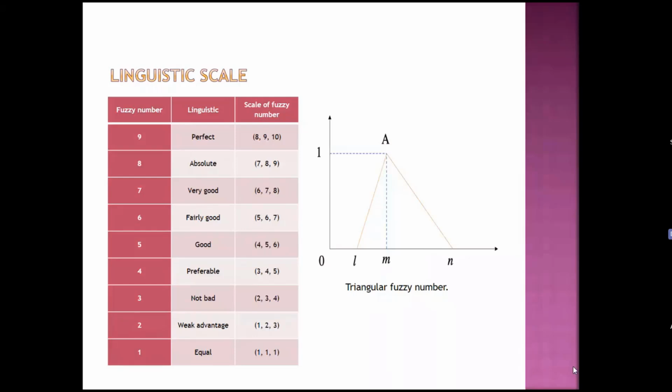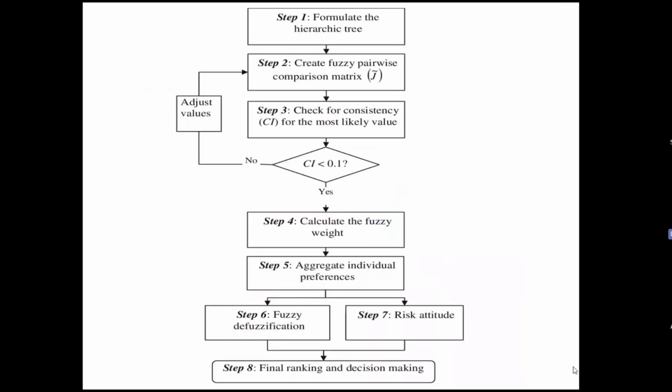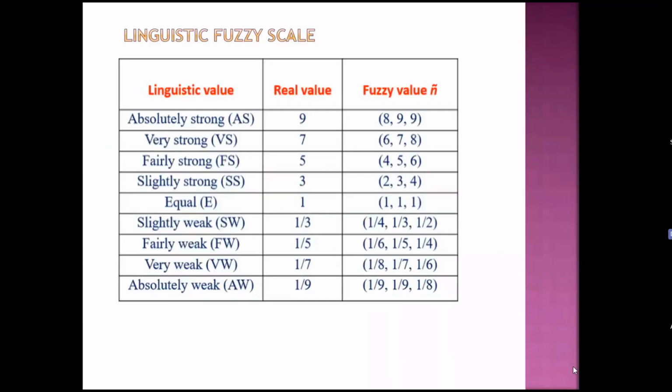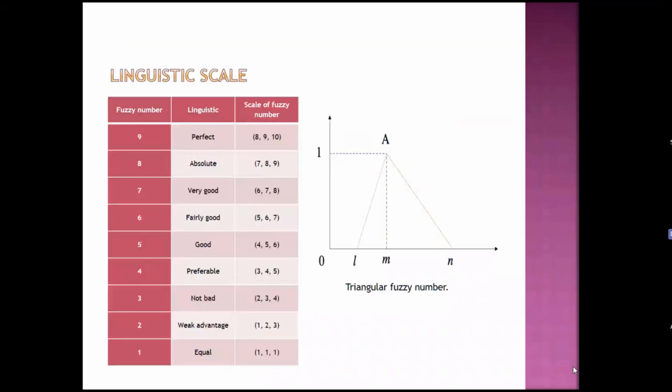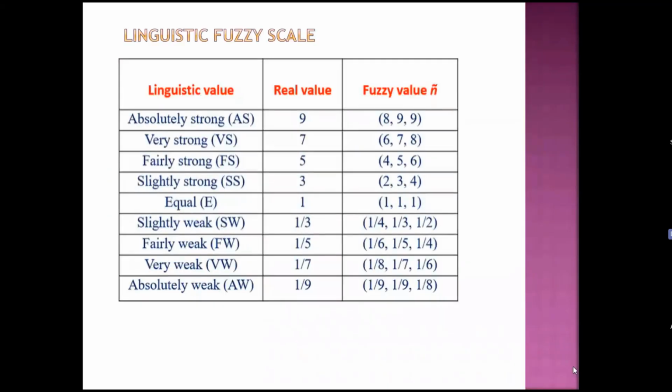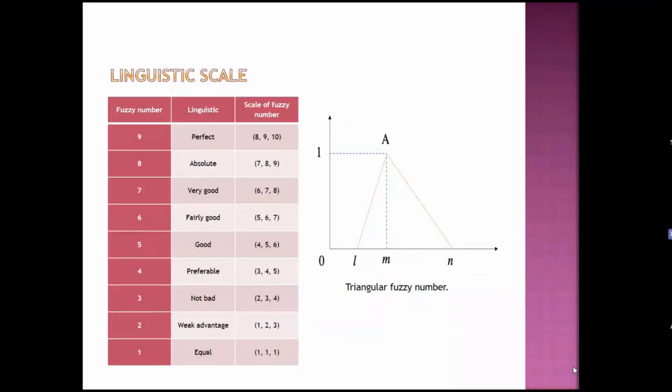So they have a similar meaning: if someone is saying absolute value, it means very strong relationship, and if someone says very good, then it has the number 5 to show these numerical values for this scale. So this is the fuzzy scale, and the Saaty scale we already discussed in our previous lecture.